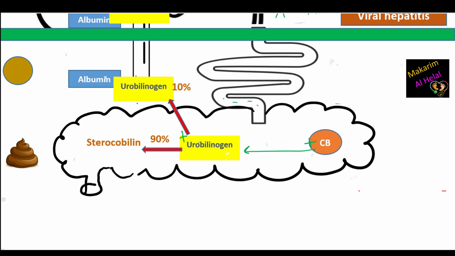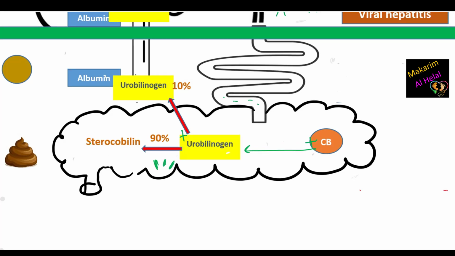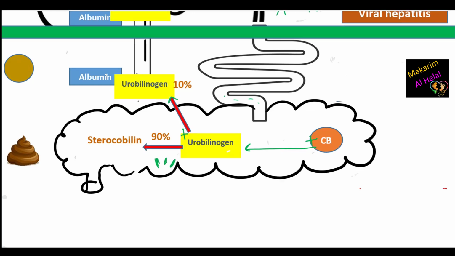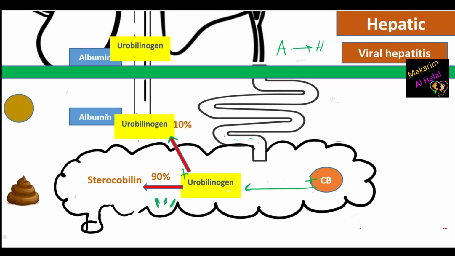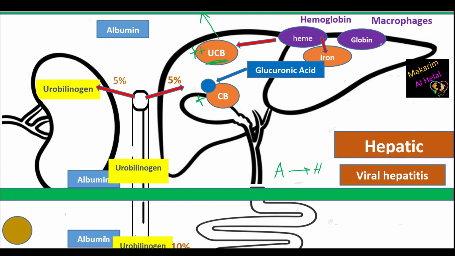Urobilinogen is lipid soluble. 90% of urobilinogen is converted to stercobilin through special bacteria. Stercobilin gives the feces their normal brownish color. 10% of urobilinogen goes back to recycle, and as we know urobilinogen is lipid soluble, so it needs to be carried around by the protein albumin and goes to recycle.